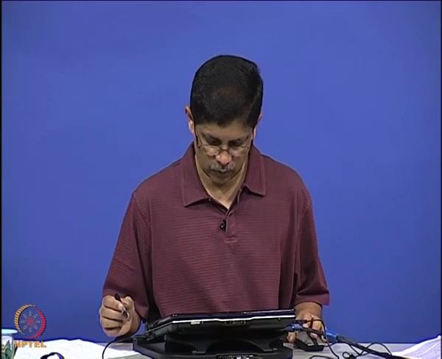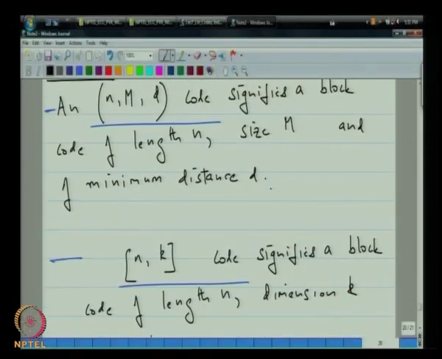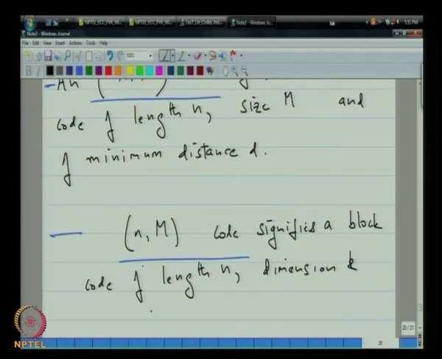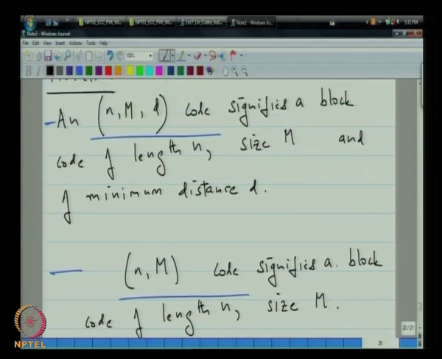And analogously, when we do not know the minimum distance, we will just write an (n, M) code, a code of length n and size M.